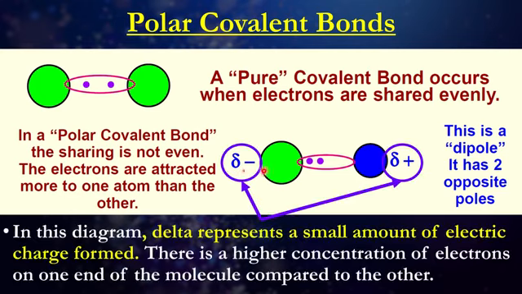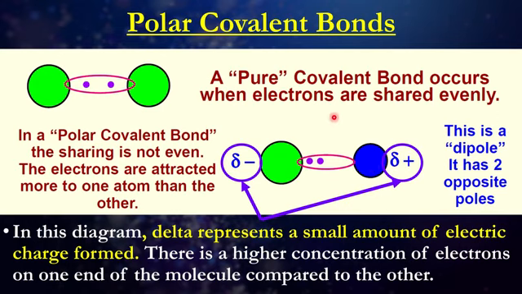Delta plus means it's a partial positive charge. So these aren't charged particles, so these aren't cations or anions. They're simply elements that have a slightly negative or a slightly positive charge. And that's what a polar covalent bond is.